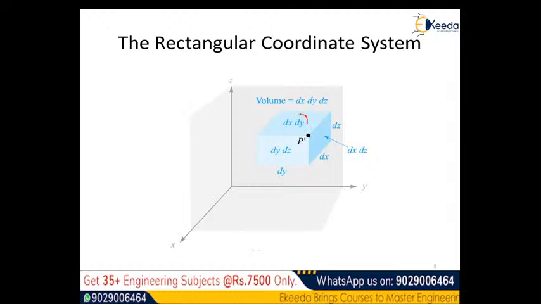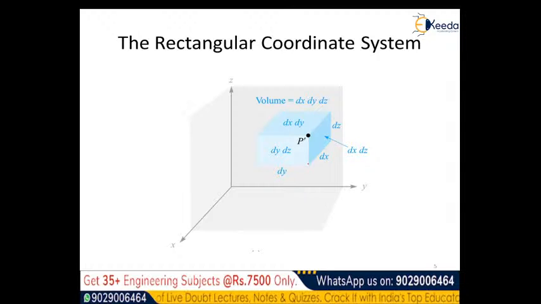Hence, the product of dx and dy is the differential surface. So this is for the top case. For the bottom surface also it will be the same. Now for the front surface from our side, this is dy into dz. Here dz is vertically oriented, dy is horizontally oriented.